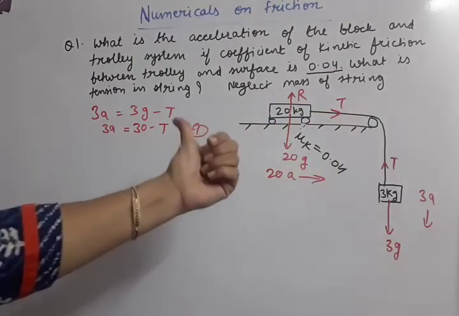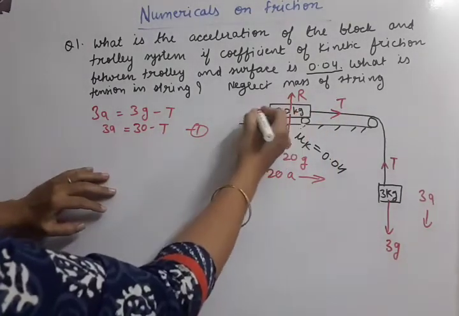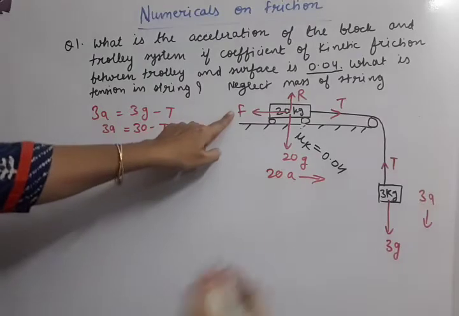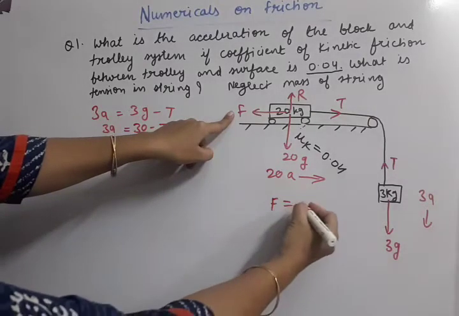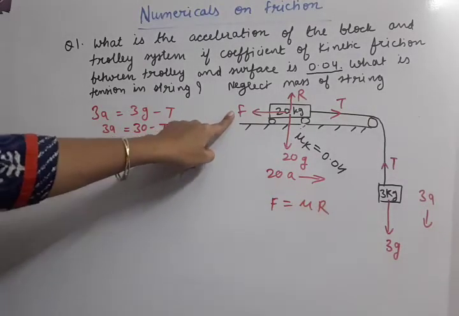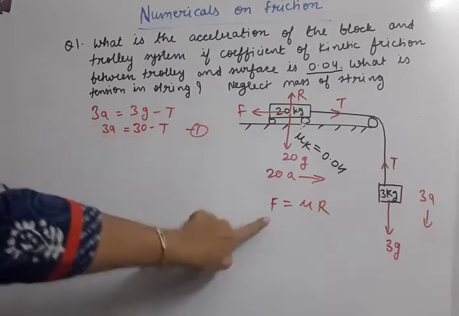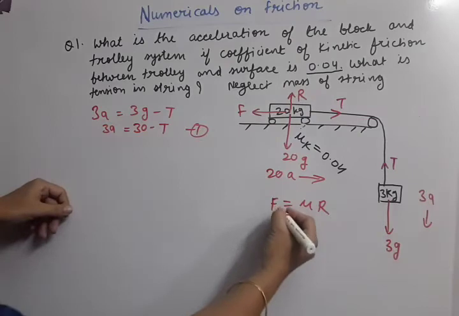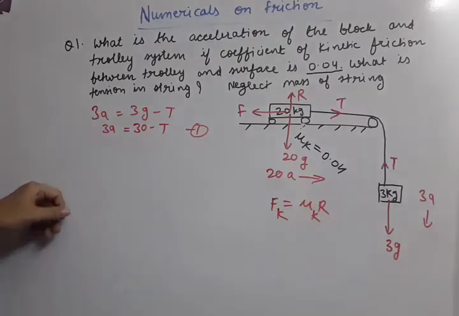Now how to get the friction force? We always apply the friction force formula, F equals mu R, and because this is in motion, it is kinetic friction, so we put the suffix k.